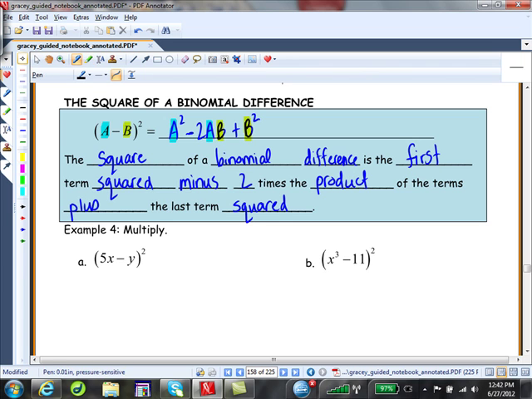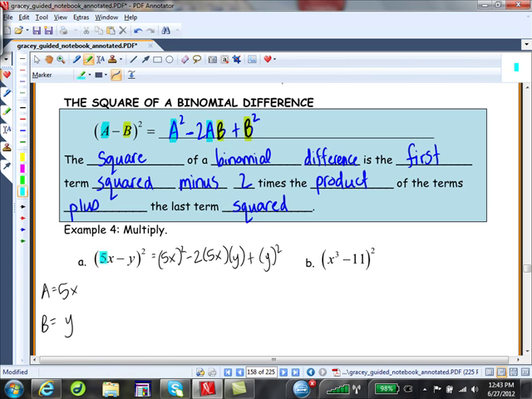So what's our A in the first one? Good, 5x, and our B is y. So we will have 5x, the quantity squared, minus 2 times 5x times y, and then plus y squared.